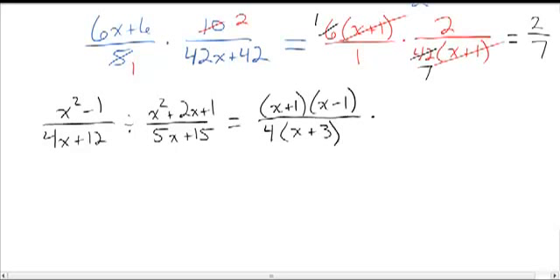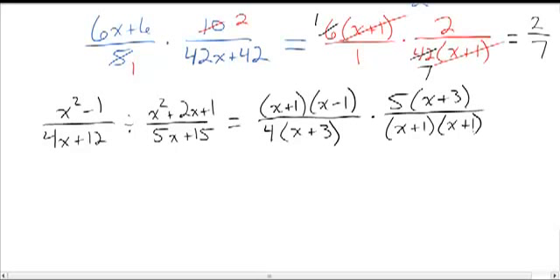And then times, now I'm flipping the second fraction, so the 5x plus 15 is coming up to the top, except I'm going to pull out a 5, and that's going to leave me with x plus 3. And then the x squared plus 2x plus 1 comes down to the bottom, and that is just x plus 1 times x plus 1. That's a pretty standard trinomial to factor there.